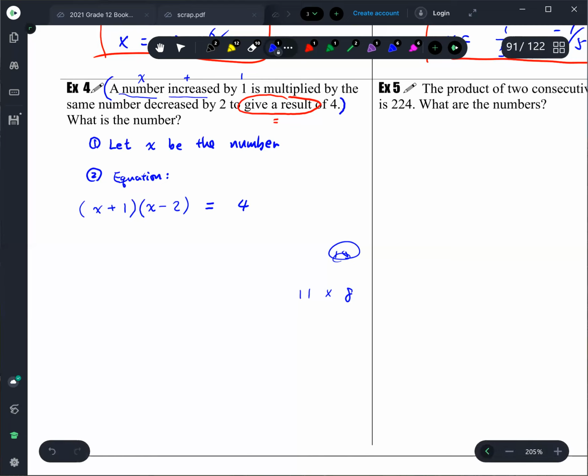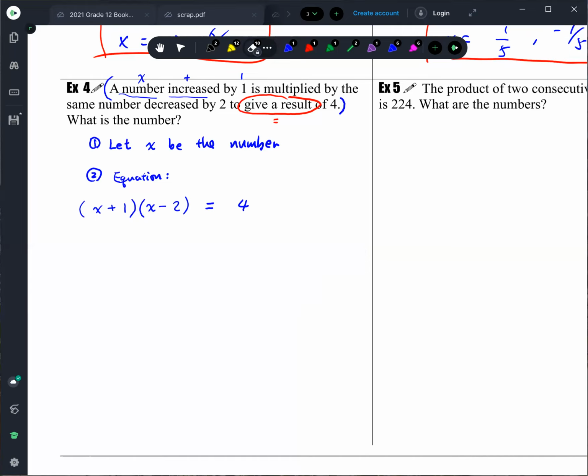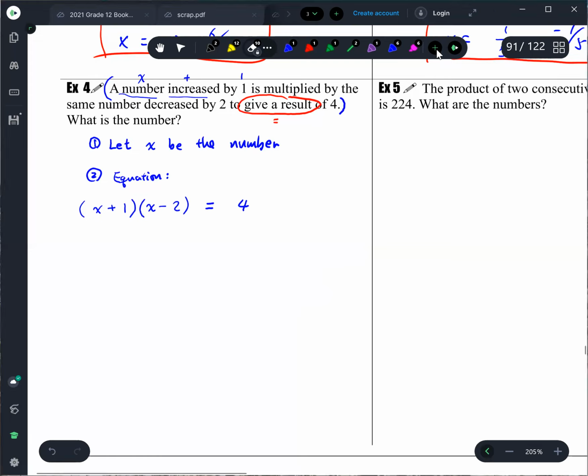Sometimes the solving is pretty easy, but translating the sentence into an equation is the hard part. Sure, Henry. Anyone else have questions about how we get this one? Okay, once you get here, you can start to solve. So step 3, we found the equation. Now we solve. When you solve, you have 5 methods.